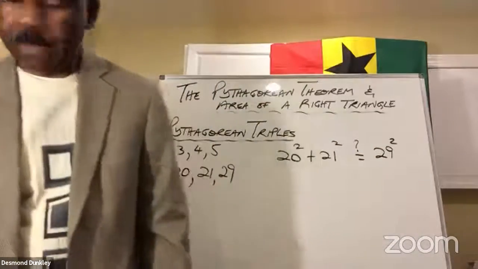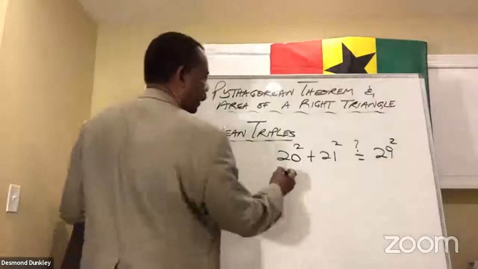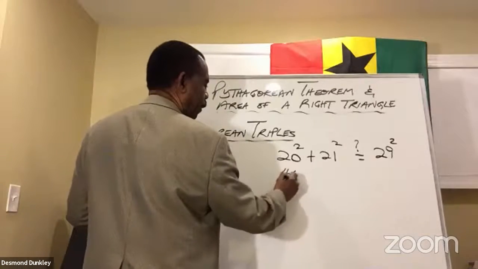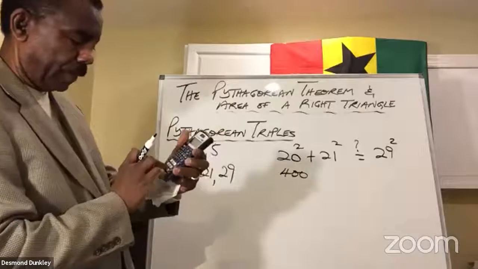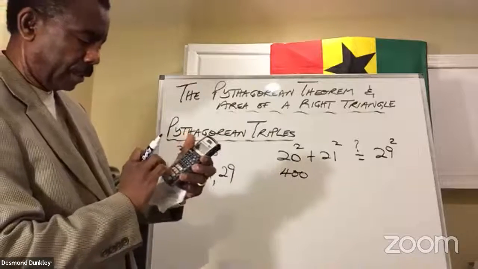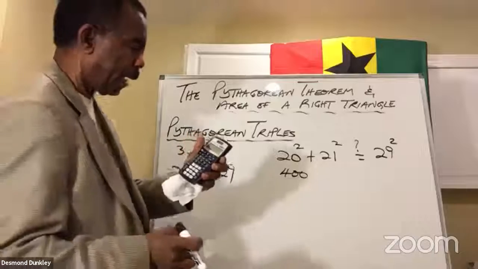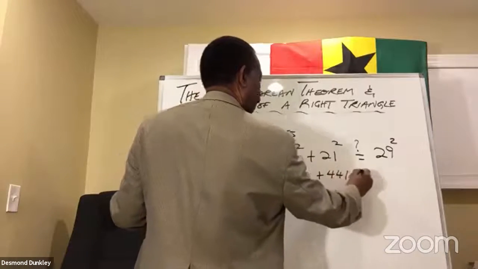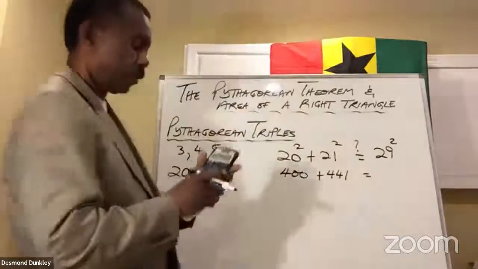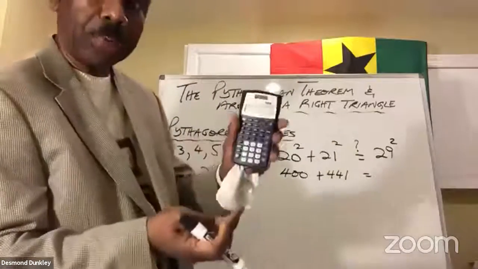So let's find out. What is 20 squared? That's 400. And it's the end of the day, so my brain is saying, I don't know what that number is, so it's plus 441. Is that equal to 29 squared? I'm going to use my calculator.